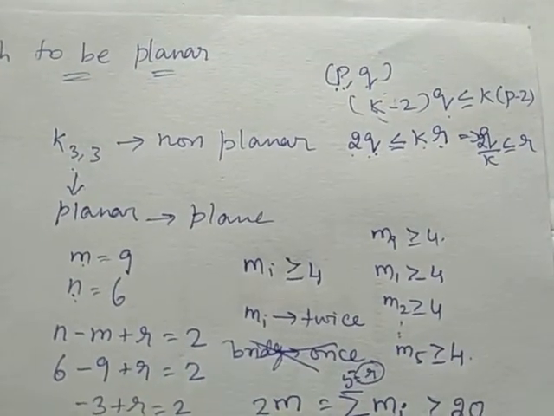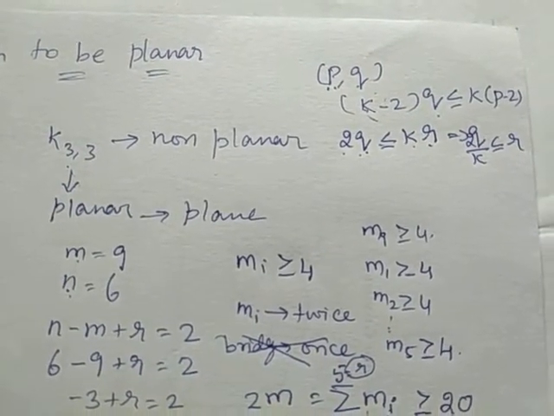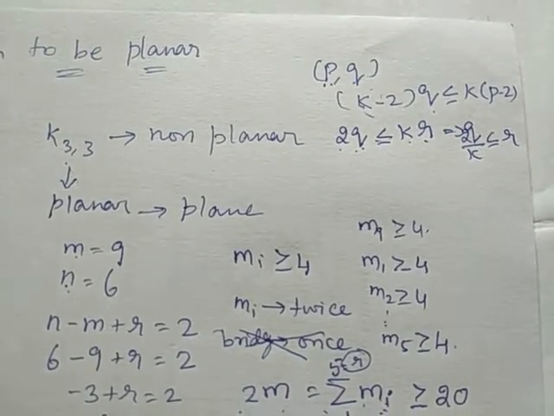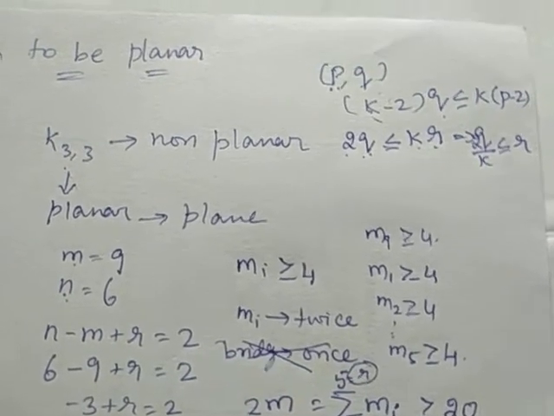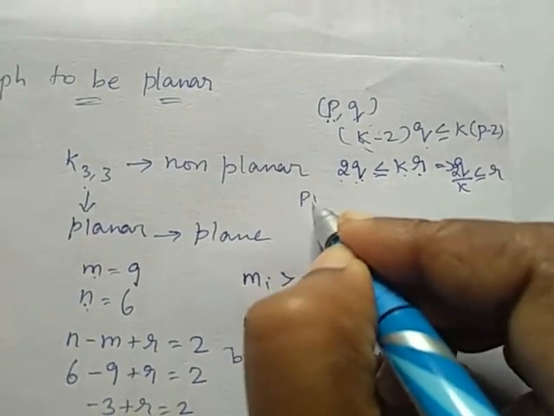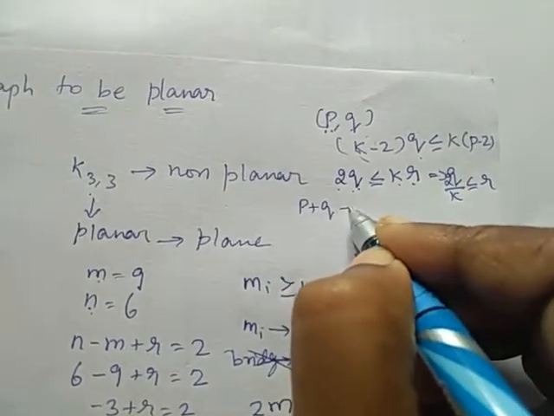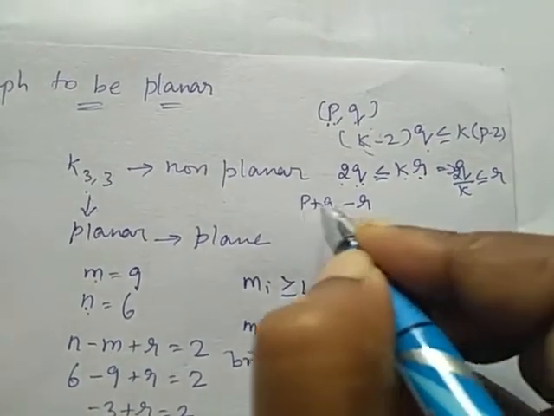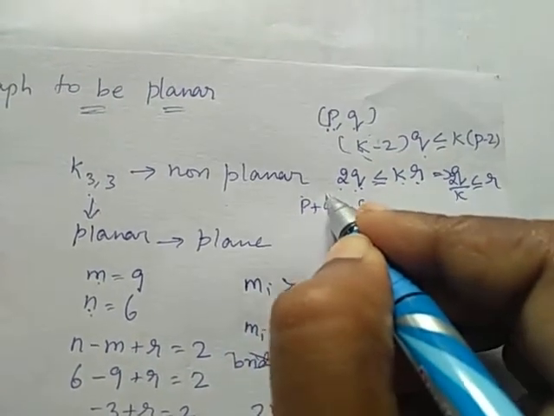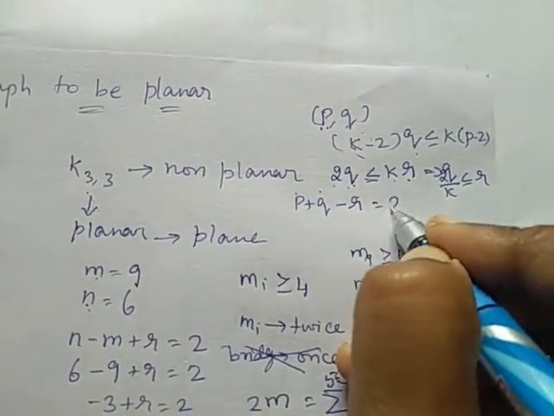If G is a simple connected graph with P vertices, Q edges and R regions, from Euler's identity we have P plus Q minus R, that is n plus m minus R, should be equal to 2.